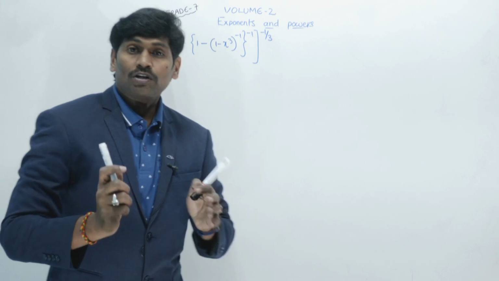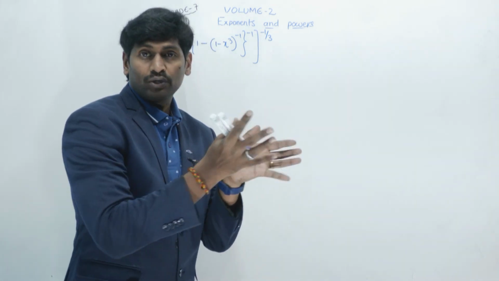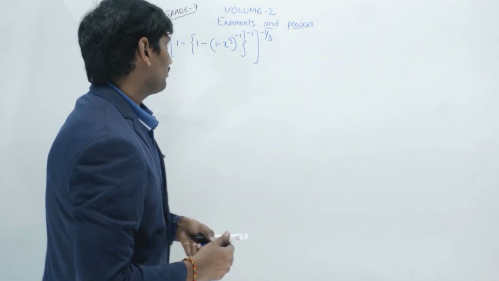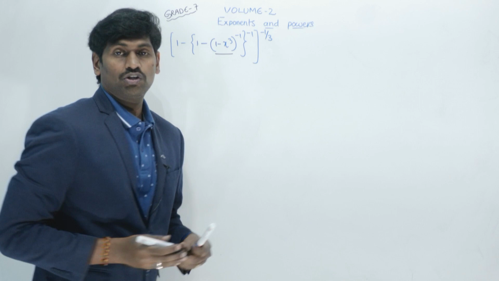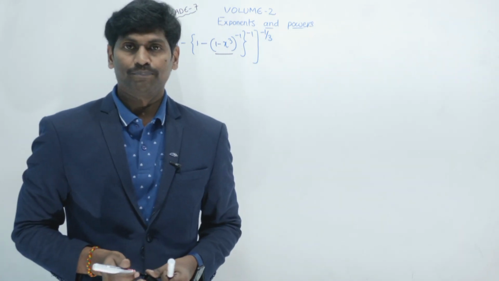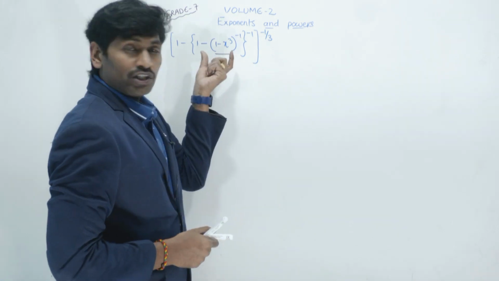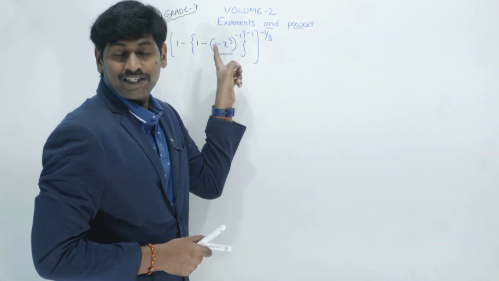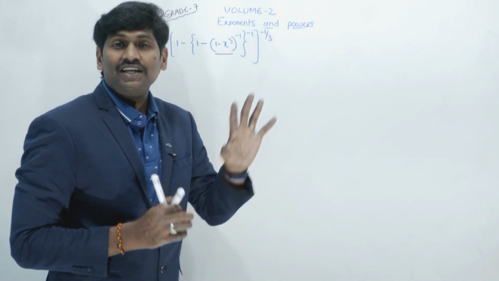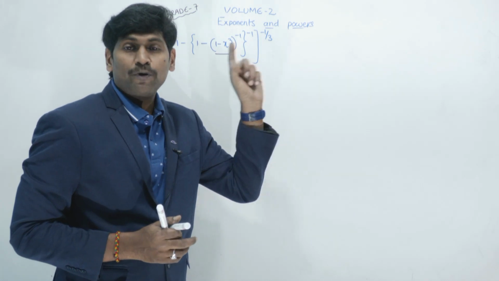According to the BODMAS rule, we need to identify the values according to the brackets. So first of all, we need to find the value of 1 minus x cube whole to the power of minus 1. According to the bracket, 1 minus x cube, 1 is constant, x is variable. We cannot simplify more than that. So we can directly apply its exponent. The exponent is what?